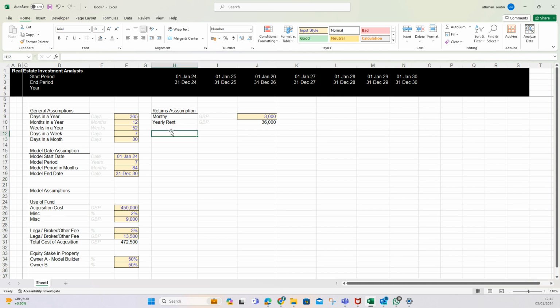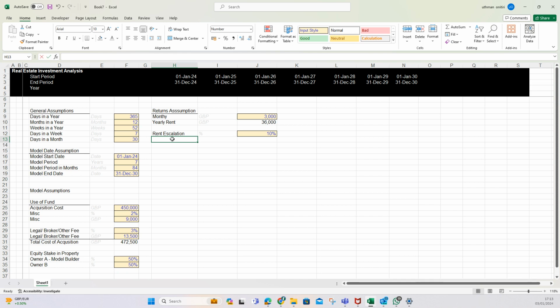Of course, the rent is not going to be stagnant. Rent is going to increase. So we can see rent escalation percent. Essentially, rent is going to increase by 10%. Then we can say, because we're building a model for owner A, who is the owner of the model, we are going to tailor the assumption to fit A's investment.